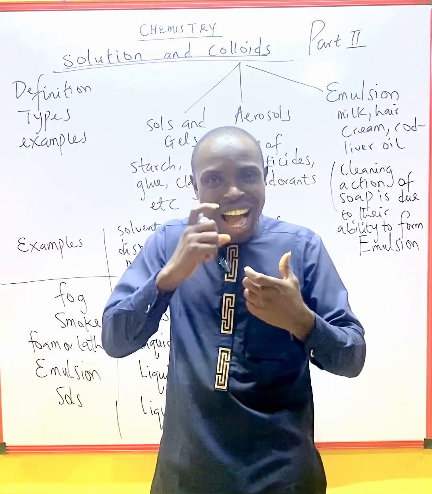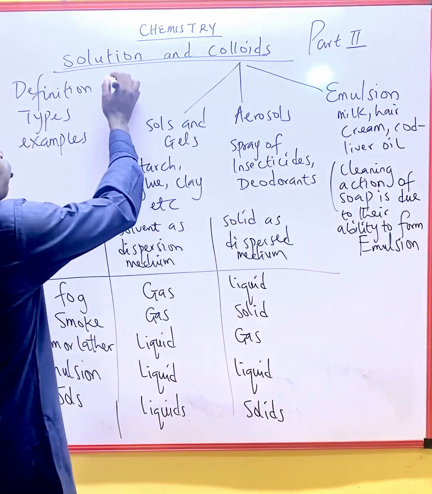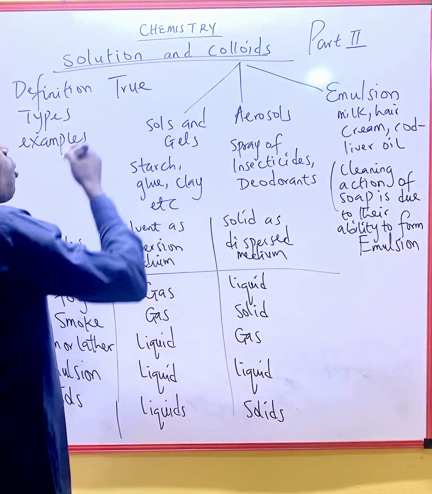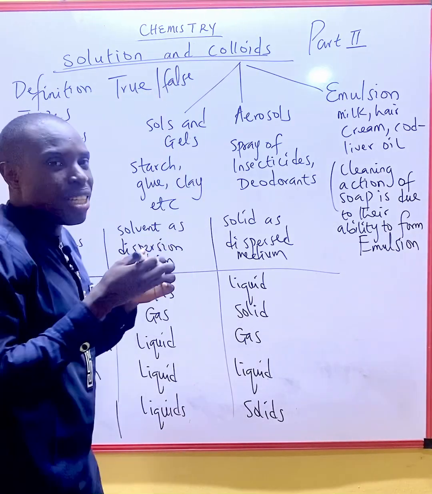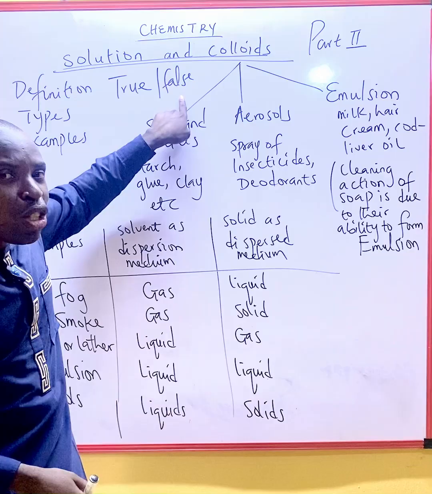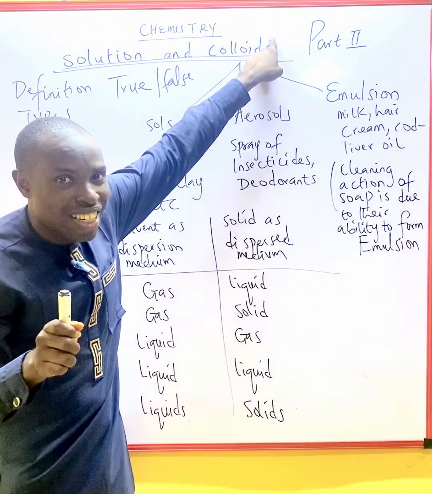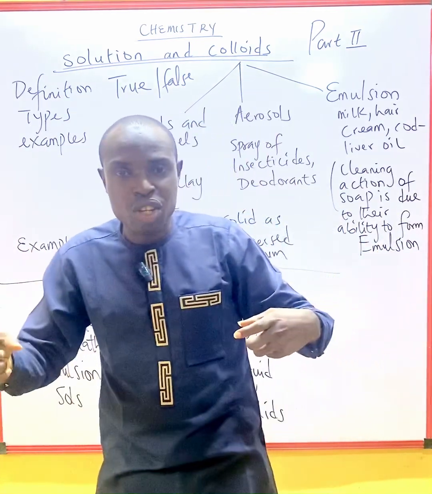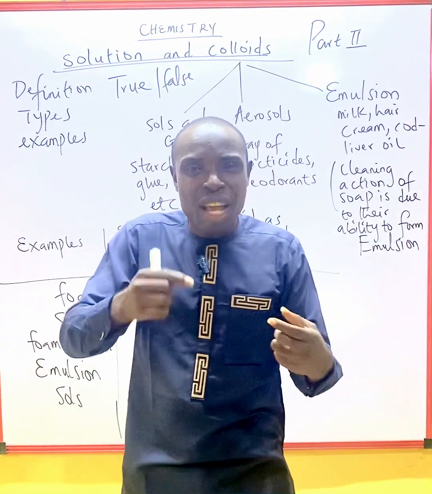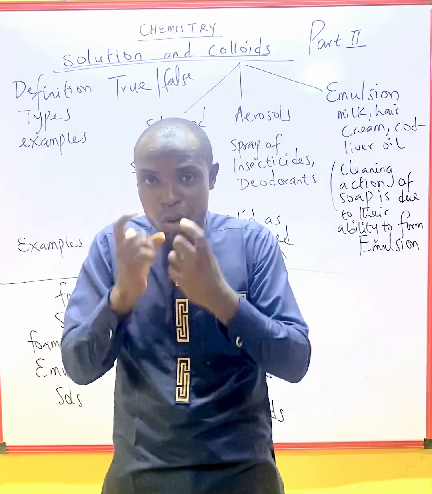Take note that the other name of a false solution is a colloid. So it means that under solution we have the true, we have the false. The true solution and the false solution, which also connotes what we call a colloid.